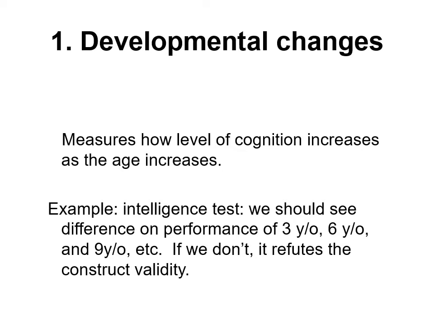As a baby turns into a small child, a middle child, a larger child, their level of cognition also increases as their age increases.